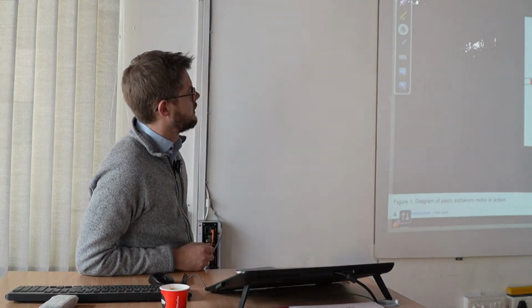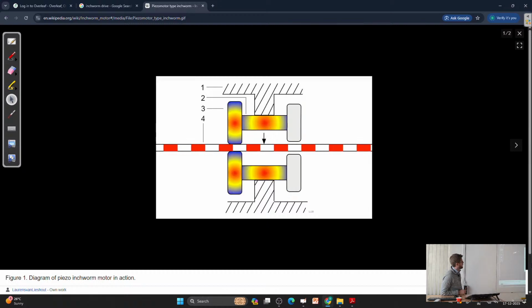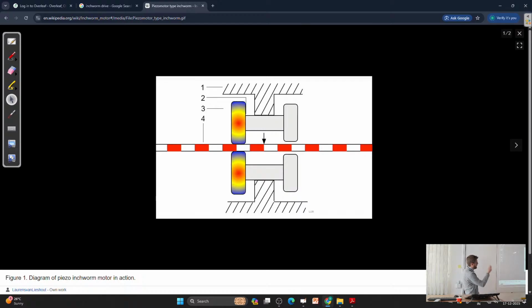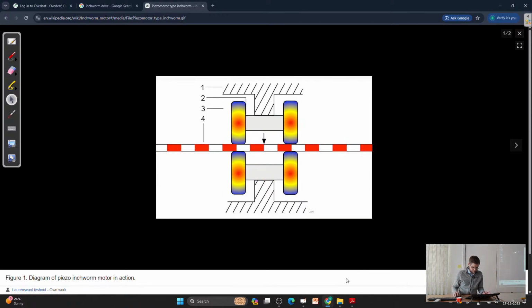Here you can see the principle with an animation. And with this you can use the different actuators to have a linear drive and push a rod through it.